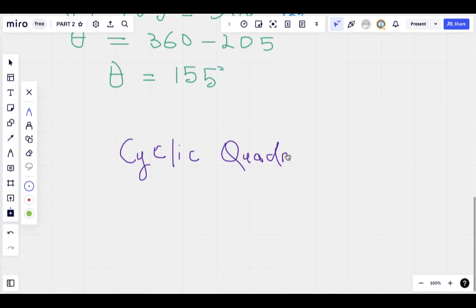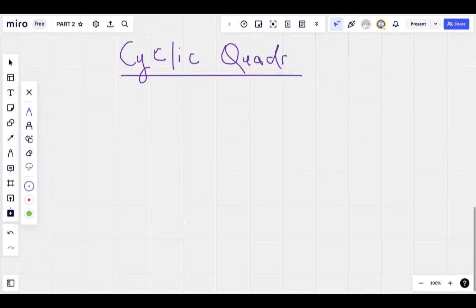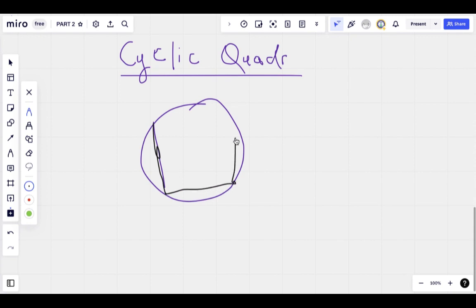Okay? So I abbreviate it cyclic quad. So what it means is that I draw a circle and then I put a quadrilateral inside my circle. Let me use a different color for the quadrilateral. So I can have this as my quadrilateral.